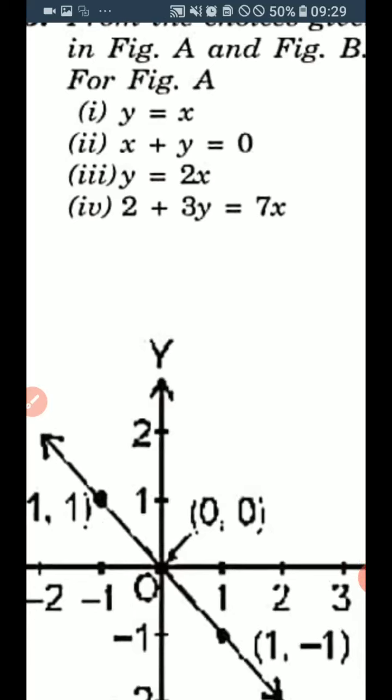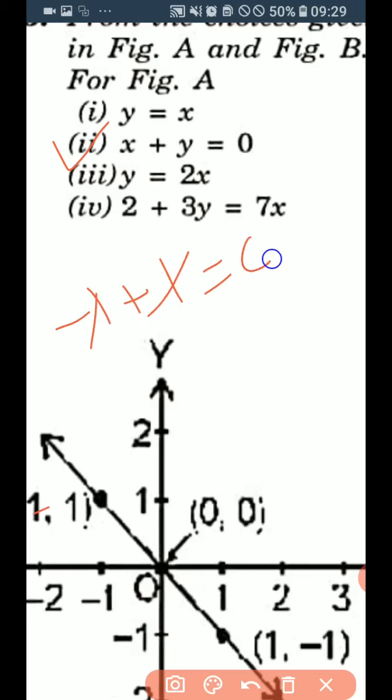Let us suppose I am putting in equation number second. If I put x equal to minus 1, y equal to 1, I will get right hand side 0. So minus 1 comma 1 is a solution of the given equation. I put x equal to 0, y equal to 0, and I get right hand side 0.